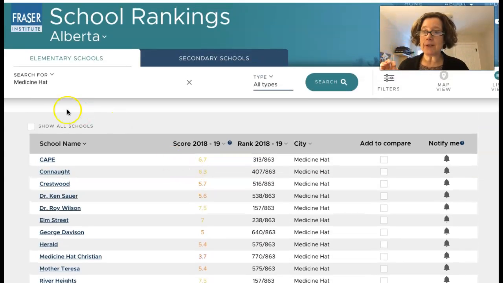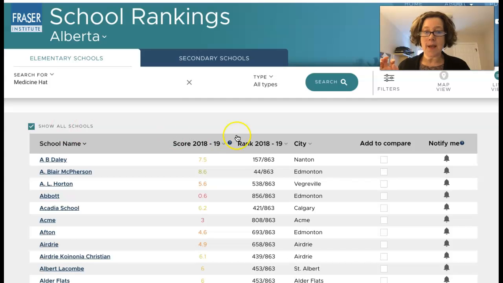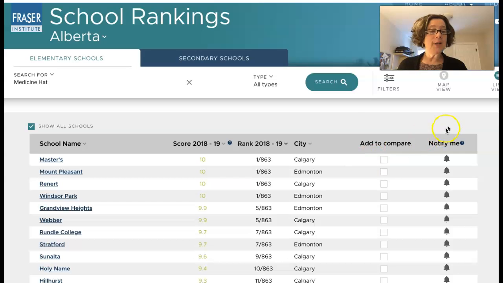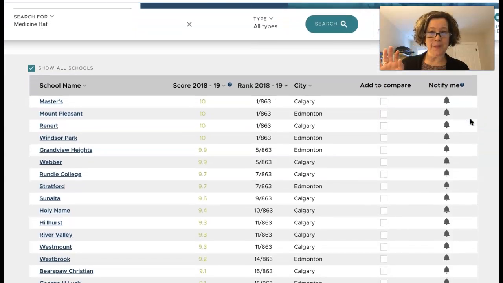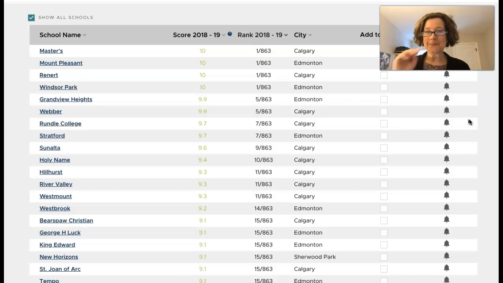Okay, so let's have a look at show all schools, because rank, there we go. I just want to show you this. These are all elementary schools in Alberta. I want to show you this because the first at least 2, 4, 6, 7 of them are private schools in Calgary and Edmonton, where parents pay a lot of money for their children to go to these schools, and they have all, of course, the perks that come with private school.